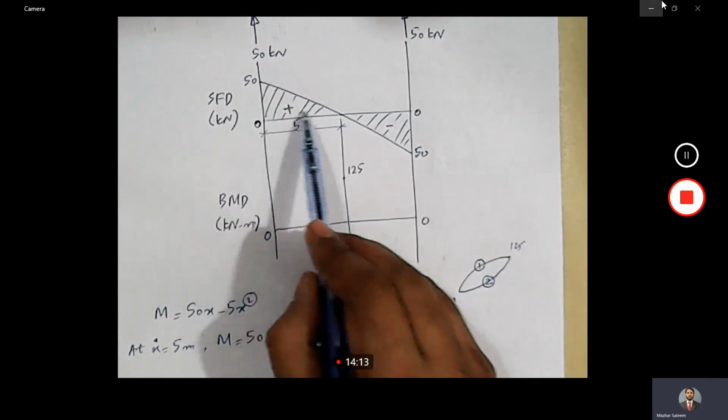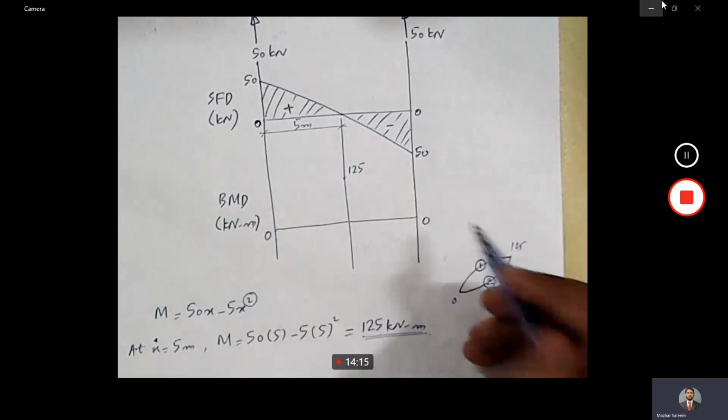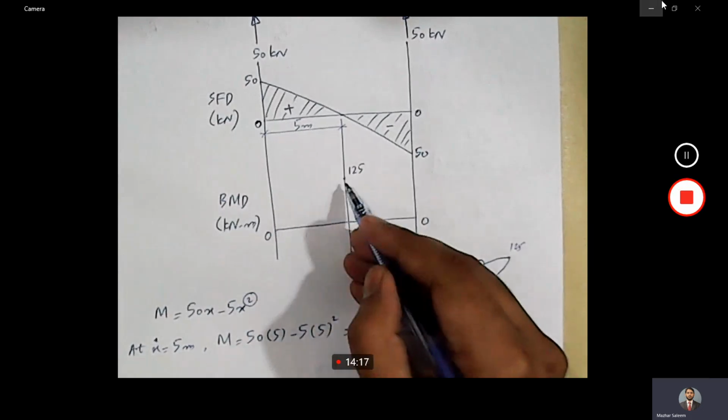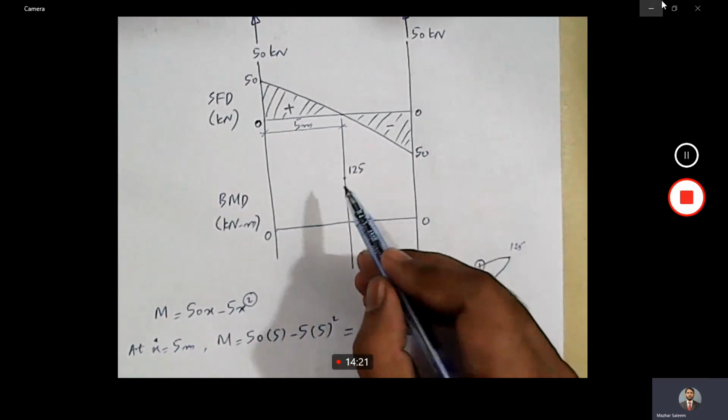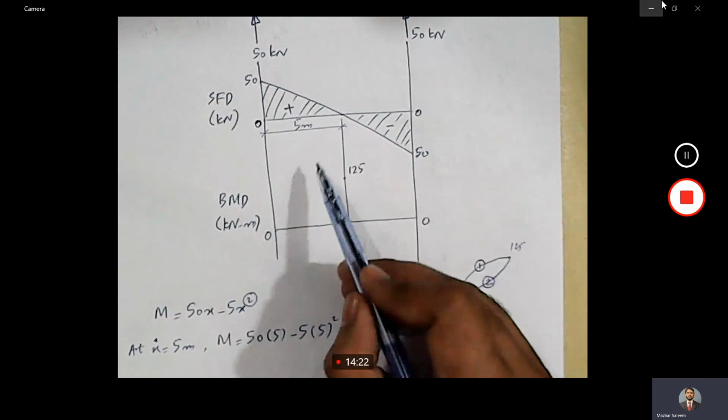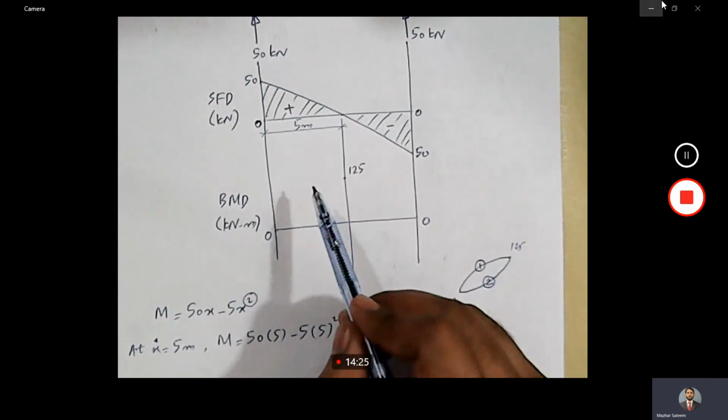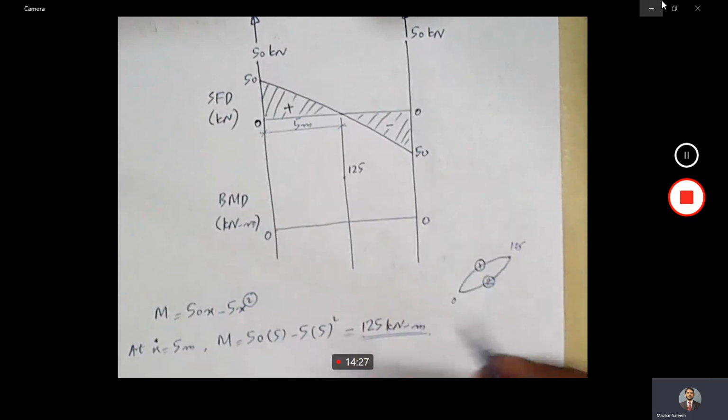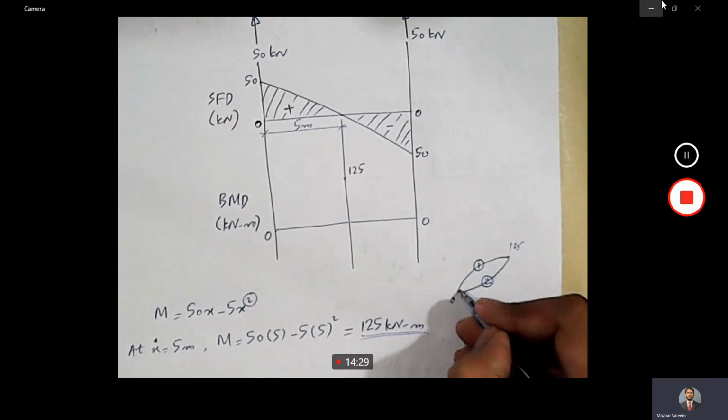If the magnitude of shear force is decreasing, then the slope of bending moment diagram should also be decreasing in this region. And if the magnitude of shear force is increasing, the slope of the bending moment diagram should also be increasing. Now, how do we decide that?